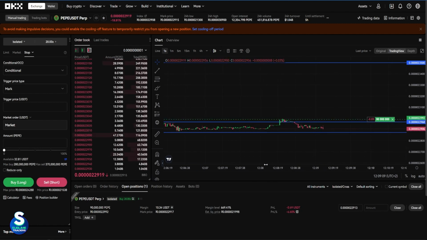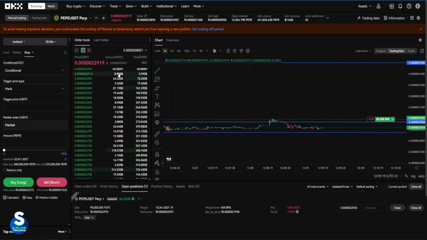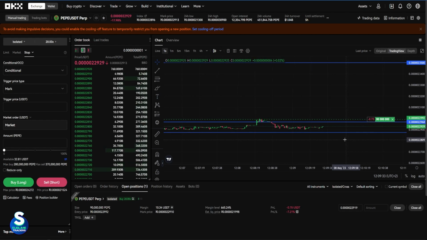And I just missed this. In this case, there is a cluster right here that is blocking the price from going upwards. And if the price finds a way to go downwards, we have a buy block at 22,900. If we break this, I will cancel the order. I will take my loss and I will wait for the next one. No problem.